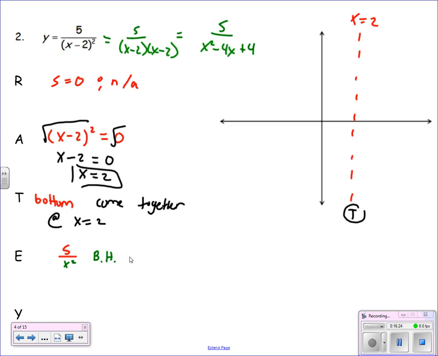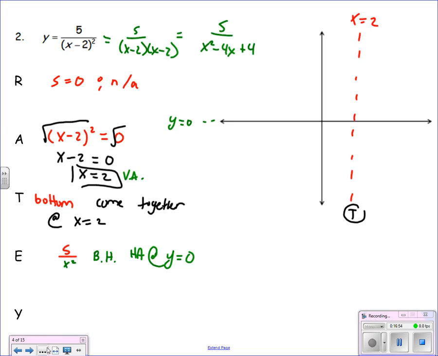And anytime it's bottom heavy, according to the handout, the horizontal asymptote is at y equals 0. So y equals 0 is your x-axis. So since it's already there, just extend it and label it so that you don't forget that it won't touch.